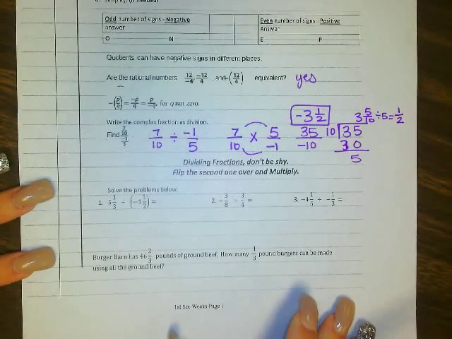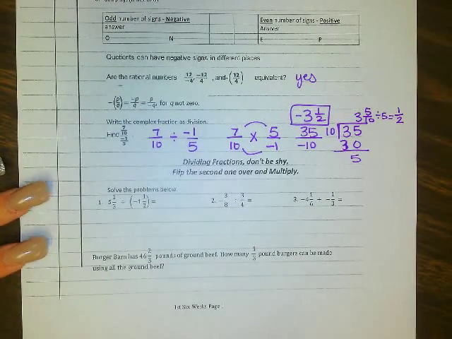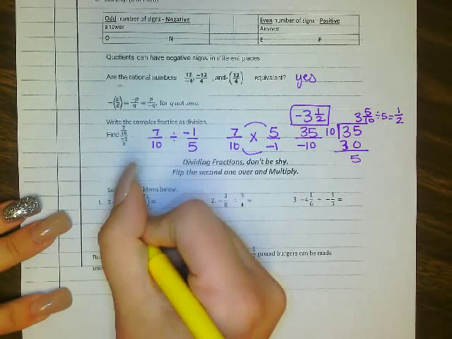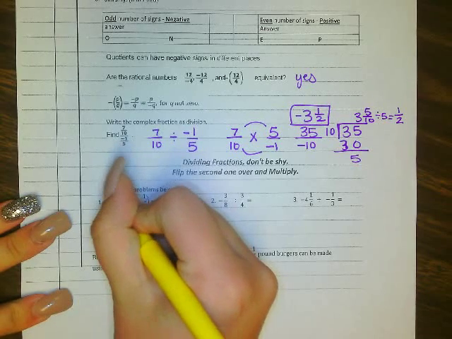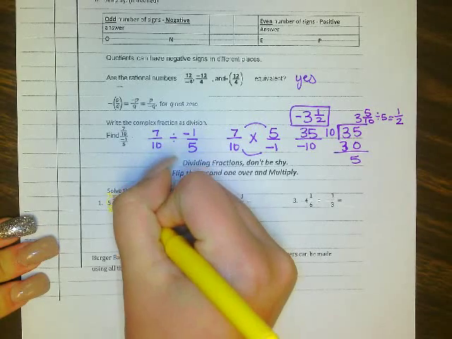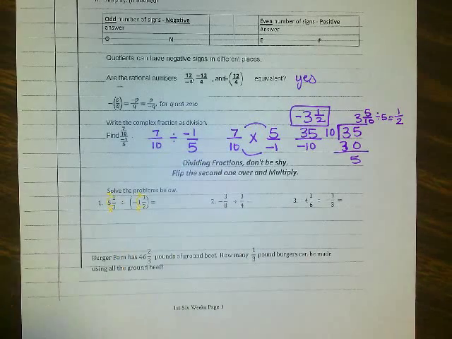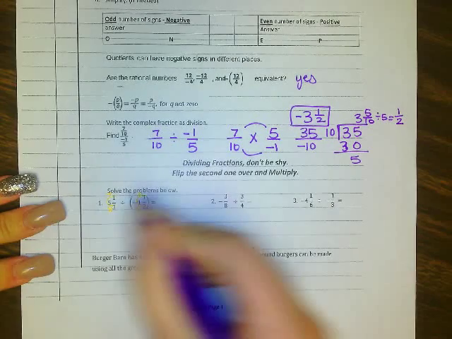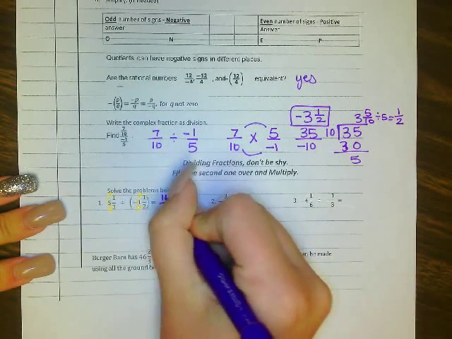Okay? So now we're going to solve the problems below. First, we need to change any mixed numbers to improper fractions. Remember, you're going to use that strategy MAD. Okay? So I'm going to MAD these. Multiply and then add and keep the denominator. So 3 times 5 is 15 plus 1 is 16.